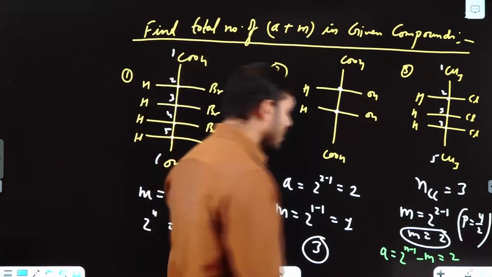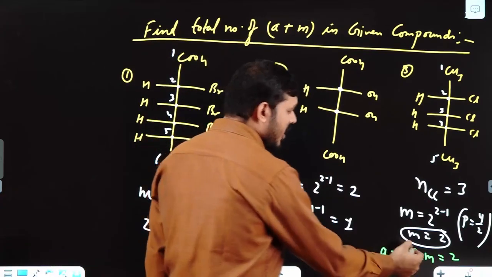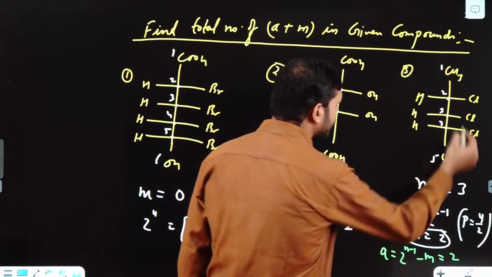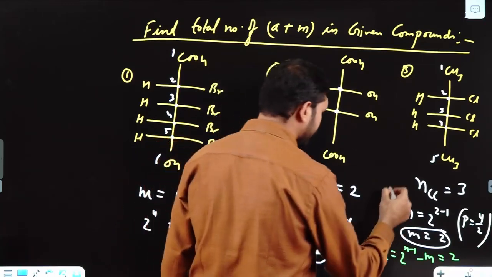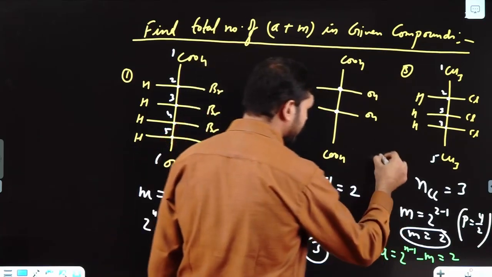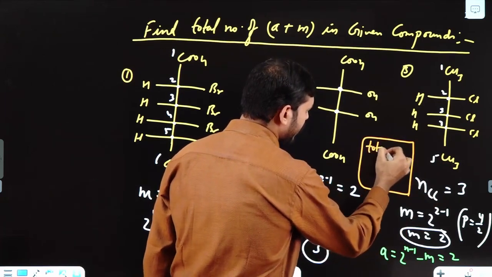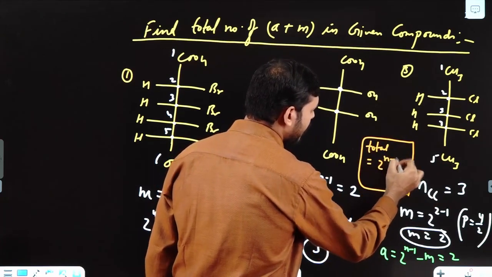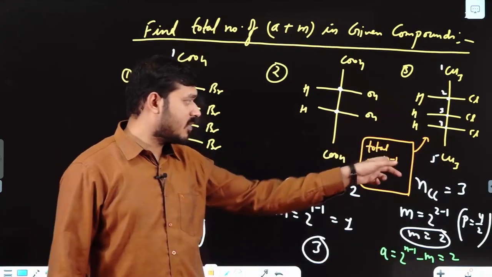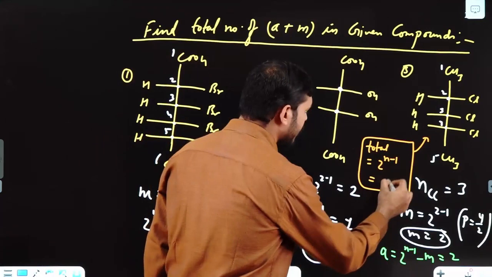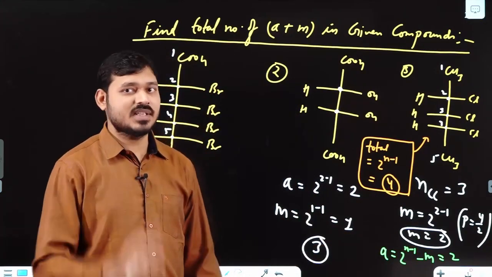Total can be found using the formula 2 to the power n minus 1. For this question, n is 3, 3 minus 1 is 2, so you can say 4 total, and you can see here meso 2, active 2, 4 cases only.